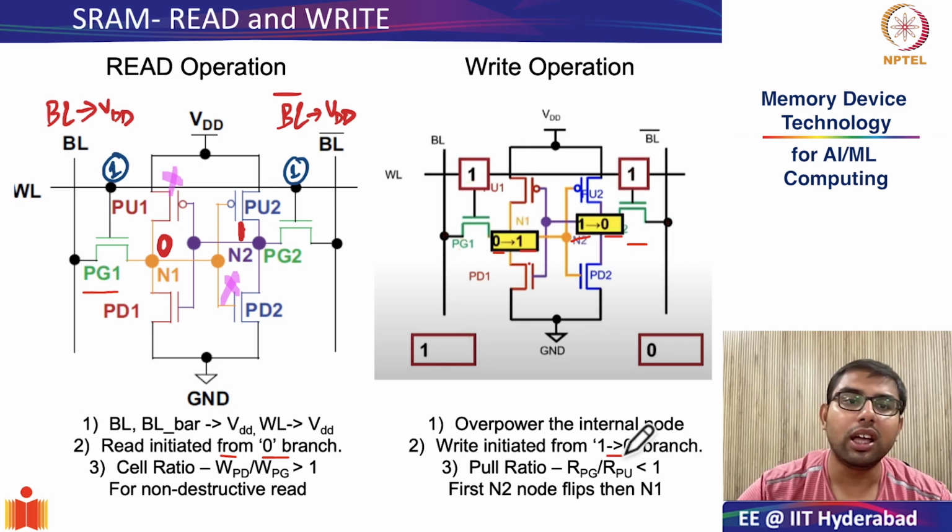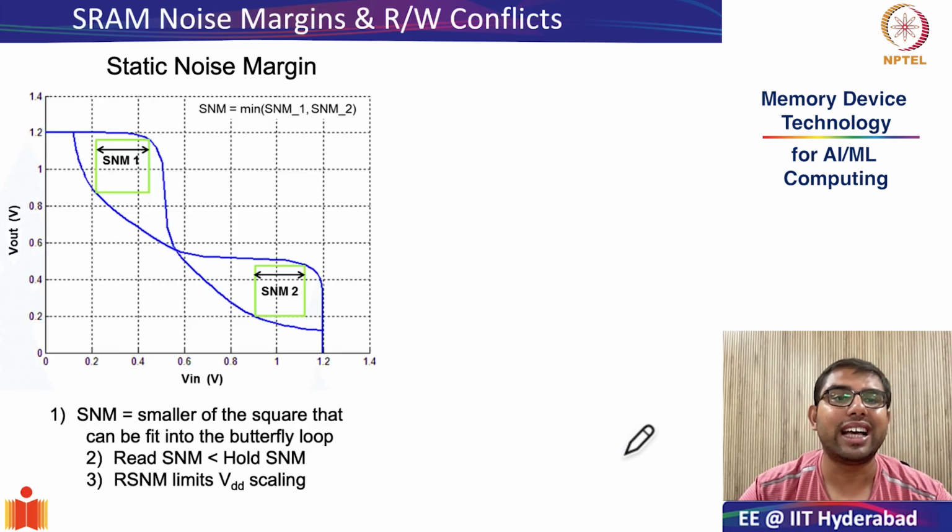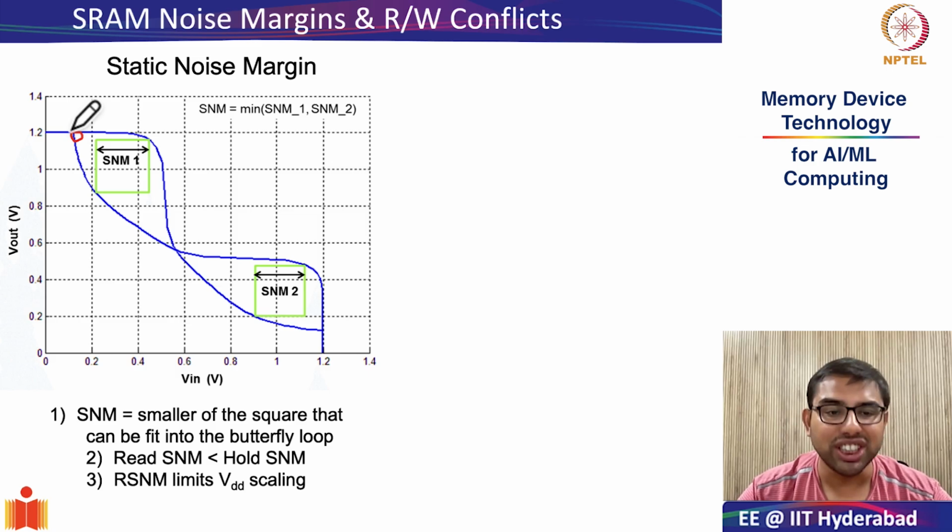The next thing that we studied in SRAMs is looking at the static noise margins. So we saw that static noise margin was defined as the smaller of the two squares that you can fit into the butterfly loop. We also saw that because there is a small disturbance in the internal nodes during read operation, the read static noise margins are less than the hold static noise margins.